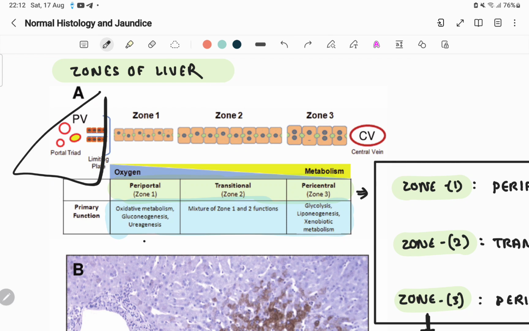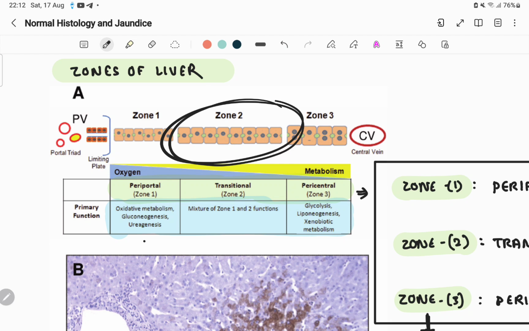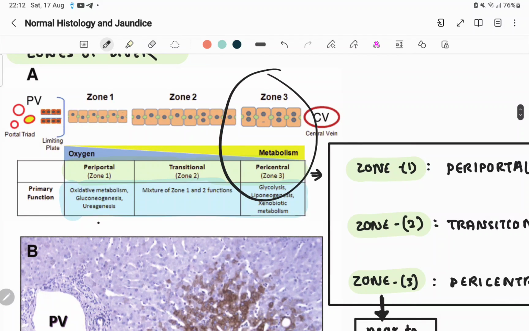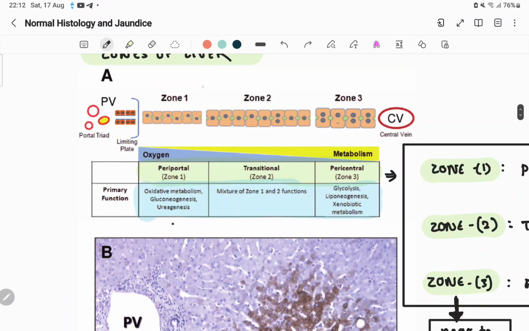The area near the central vein is called zone 3, then zone 2, then zone 1. Zone 3 is called pericentral because it is near the central vein. This is the transitional zone and this is the periportal zone. Pericentral, transitional, periportal. You can write over here.